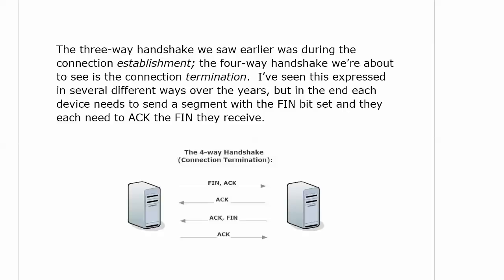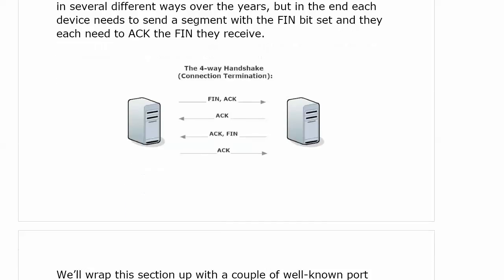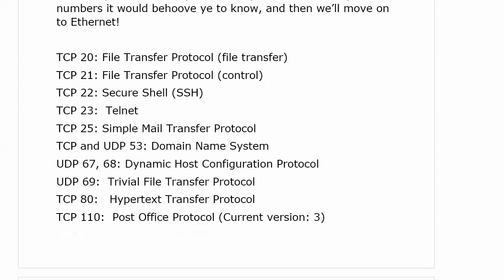So the details of the four-way handshake, you don't have to be concerned with like you do the three-way handshake. I guarantee you that's going to show up on your exam in one fashion or another. But I wanted you to know about this one just in case you happen to see it referred to in TCP documentation. Definitely want you to know what's going on there.